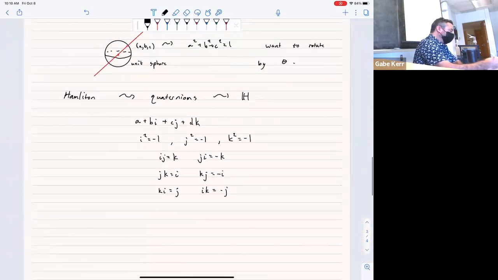The thing about this is that this is sort of the complex part, if you will, of the quaternion, and this is the real part. I shouldn't have used A, B, and C up here.